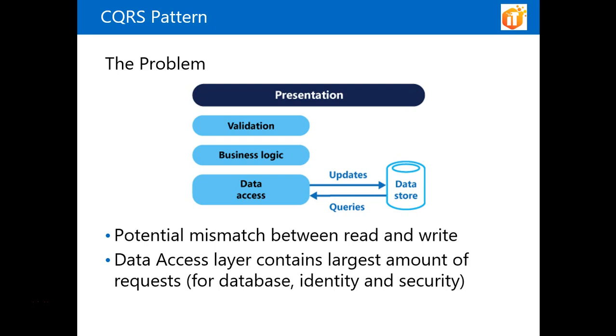The traditional approach can have a negative effect on performance due to load on the data store and data access layer and the complexity of queries required to retrieve information. Managing security and permissions can become complex because each entity is subject to both read and write operations, which might expose data in the wrong context.